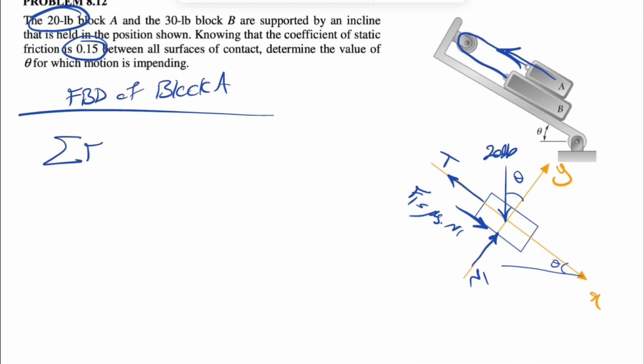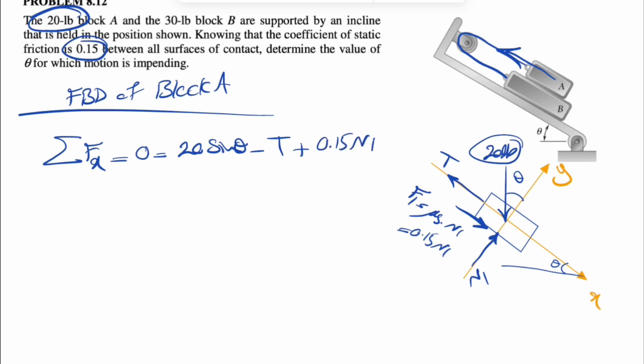Let's do our equilibrium equations. Sum of all forces in X equals 0. So we're going to have the X component of the 20 pounds, 20 sine of theta, minus T plus our friction, which is the coefficient times N1, so 0.15 times N1, equals 0.